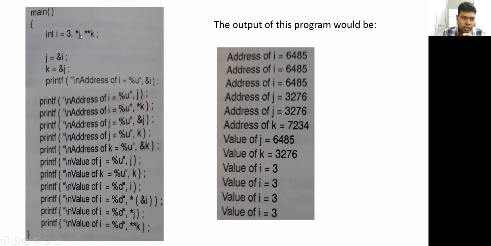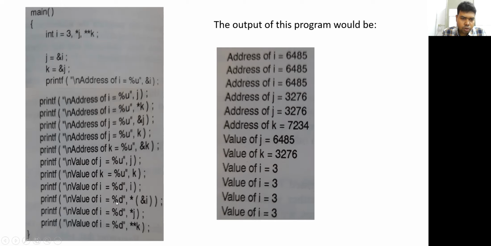Asterisk j is an integer pointer, and asterisk asterisk k means that k is a pointer to a pointer which is pointing towards the integer. That is why asterisk asterisk k. And we write j is equal to address of I, and k is equal to address of j.